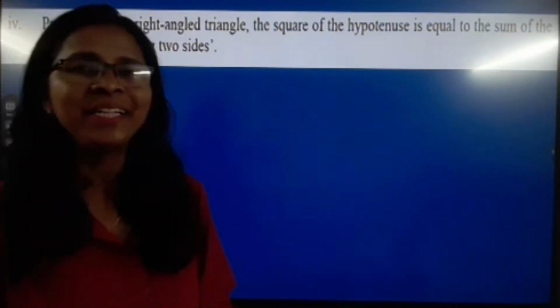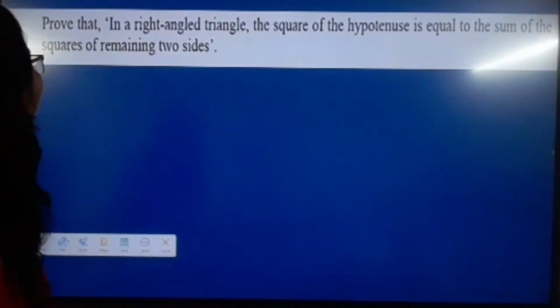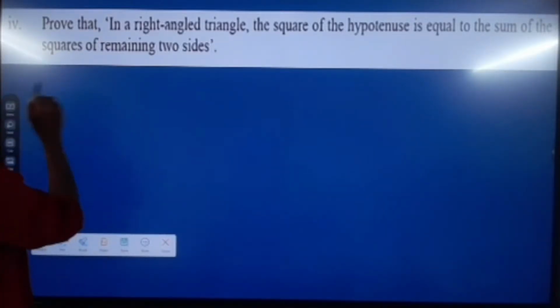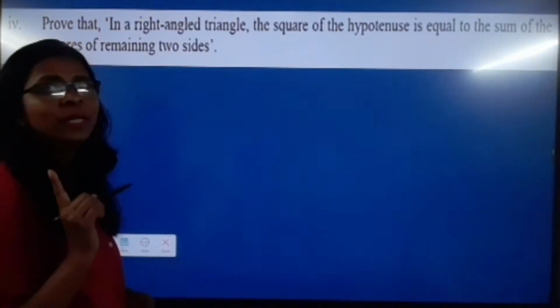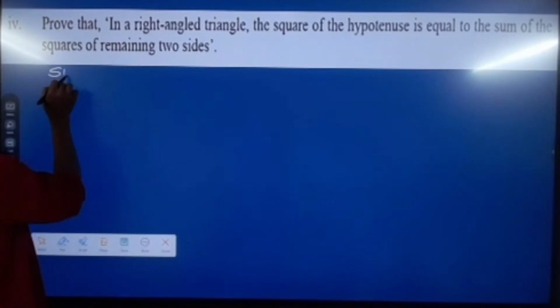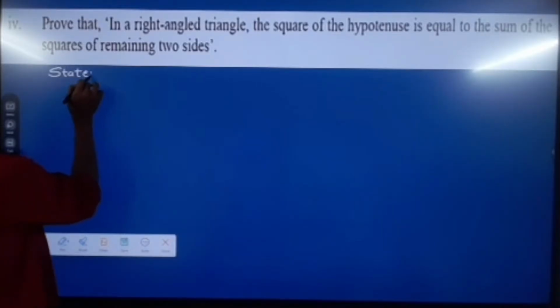Okay, so first write down, students, the first part will be the statement. The first part you have to write is the statement.